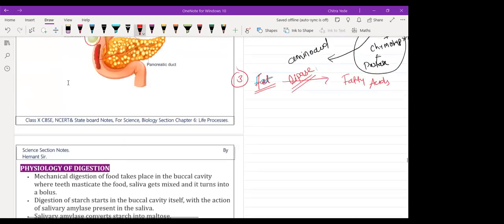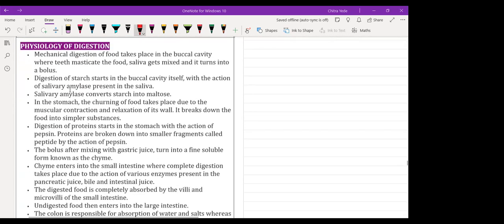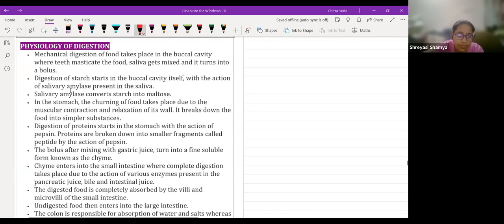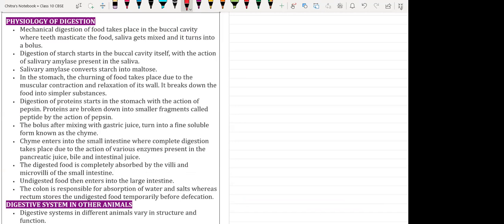Okay, so now we are going to discuss the physiology of digestion. The mechanical digestion of the food takes place in the buccal cavity, meaning from the mouth only, where teeth masticate the food, saliva gets mixed, and it turns into the bolus.